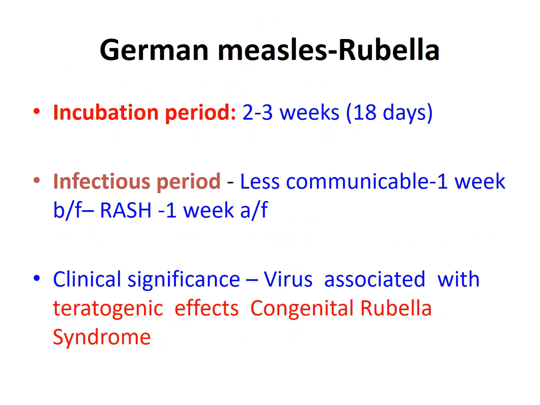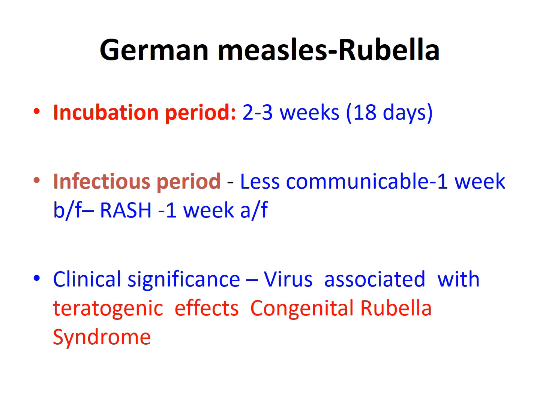The incubation period for rubella is 2 to 3 weeks with a peak of 18 days. The infectious period is 1 week before and 1 week after the rash, but this is a less communicable disease when compared to other viral fevers with rash.